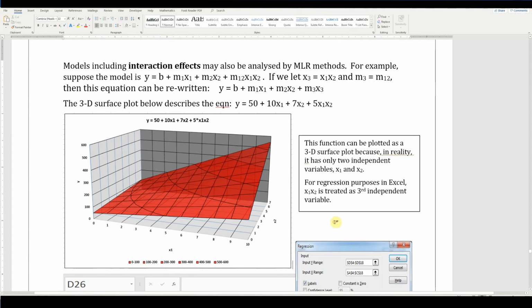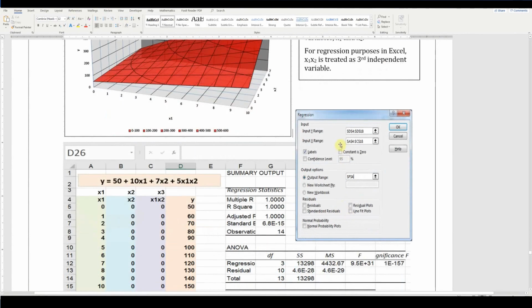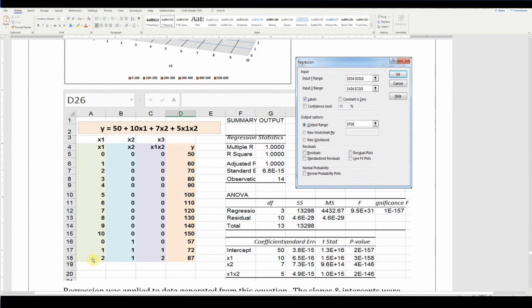Now, to handle the regression in Excel, as I mentioned, we treat x1 times x2 as a third independent variable. What does that mean? Here are some x1 values that I just invented, and here are some x2 values, again that I just invented, and here is the product of x1 and x2, and I treat this as if it was a third variable. So in Excel, in the y input range, I entered the y values D4 through D18.